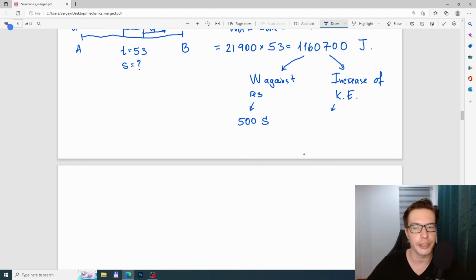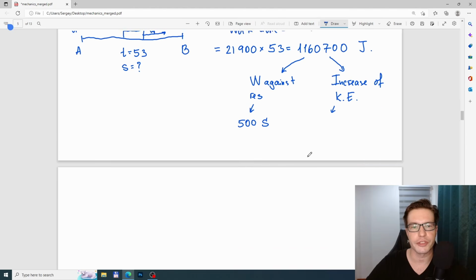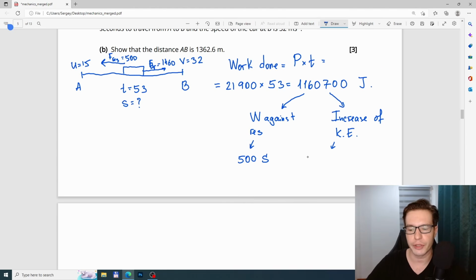That will be the final energy, which is mv squared over 2. We know that the mass of the car is 1,200. And at point B, the velocity is 32. So that's my mv squared over 2. And I will subtract the initial kinetic energy. We know that at point A, velocity is 15.